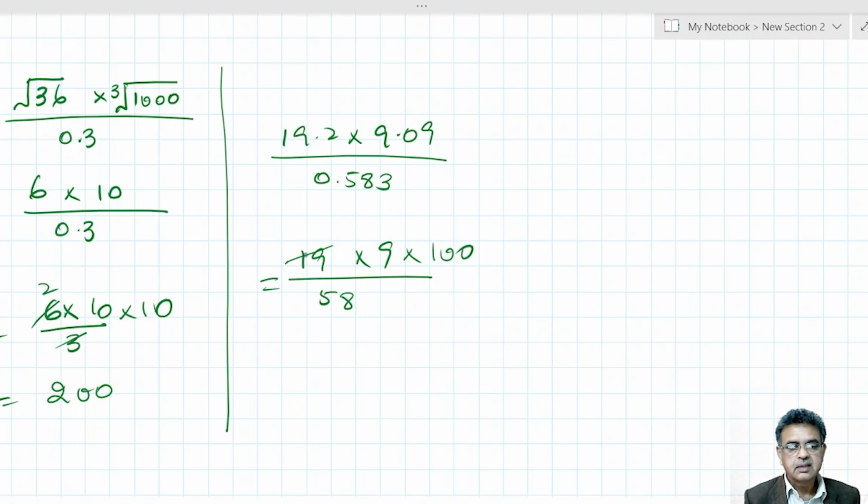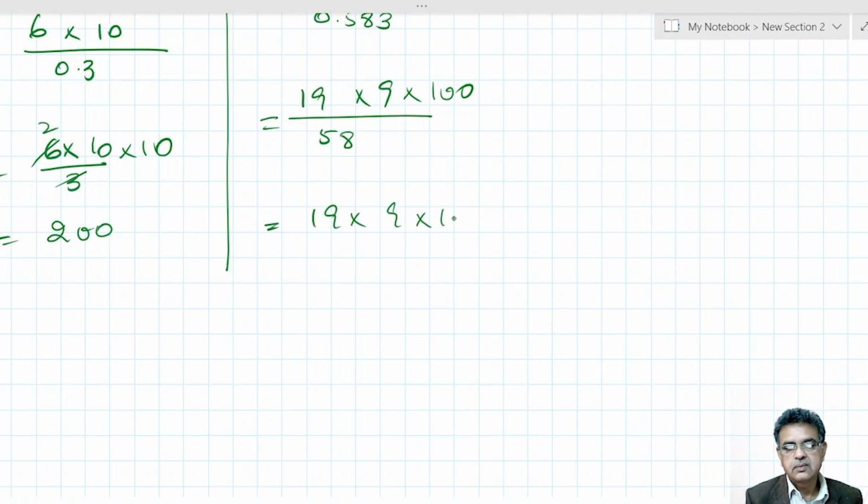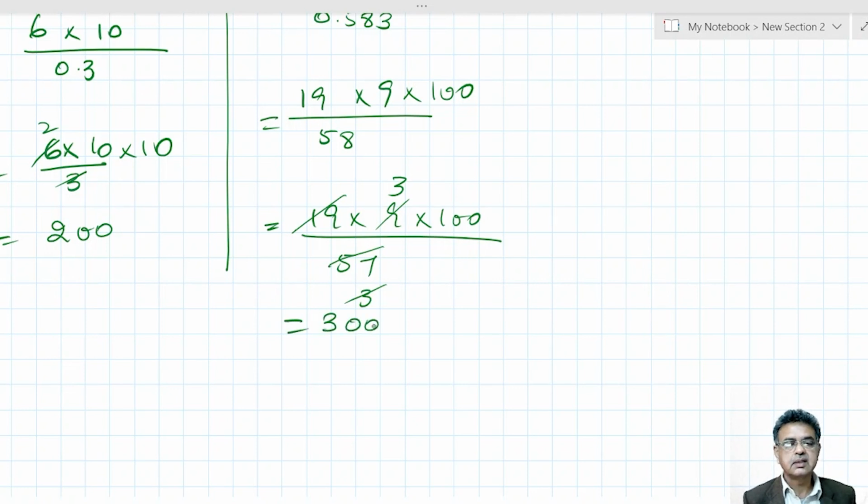Then 19 3s are 57. Because this is an estimate, it is not necessary to round up the values, but 9 into 100 over 57, and 19 3s are 57, 3 is cancelled with this number, then the estimate value is 300.